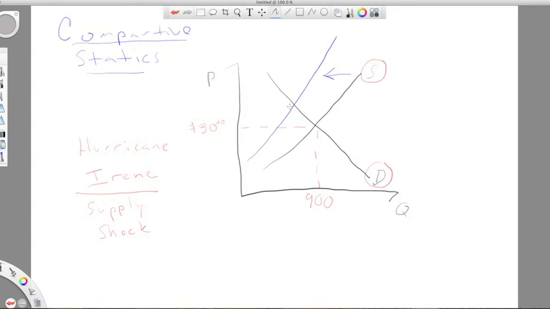And this sort of conforms to our intuition: we're going to expect that the number of apples available is going to fall from 900 to, let's say, 700, and that the price is going to go from $30 to $42 a box.